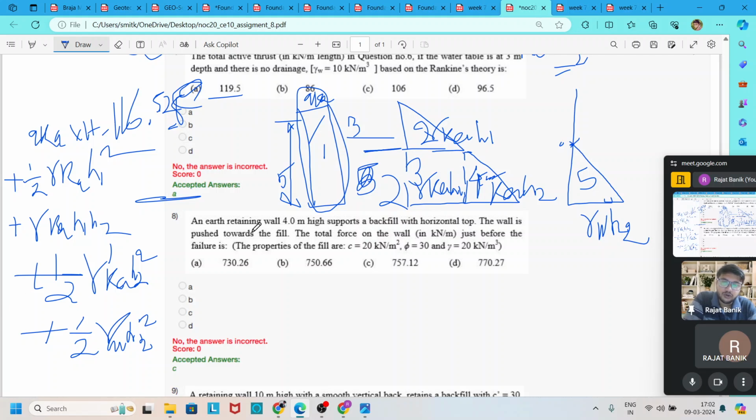So now we move on to question number 8. It is regarding passive earth pressure.